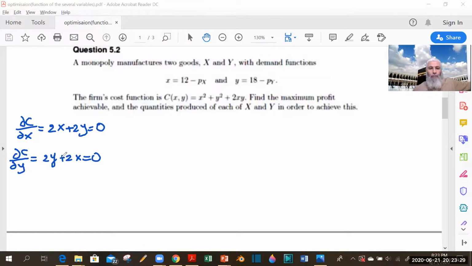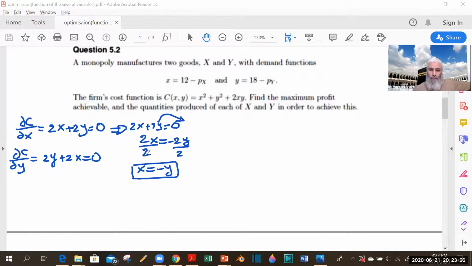So now we have 2y plus 2x and 2x plus 2y equal to 0. We can take this to the other side. 2x equals negative 2y. Divided by 2, divided by 2. X equals negative y, right? Yes. X equals negative y.